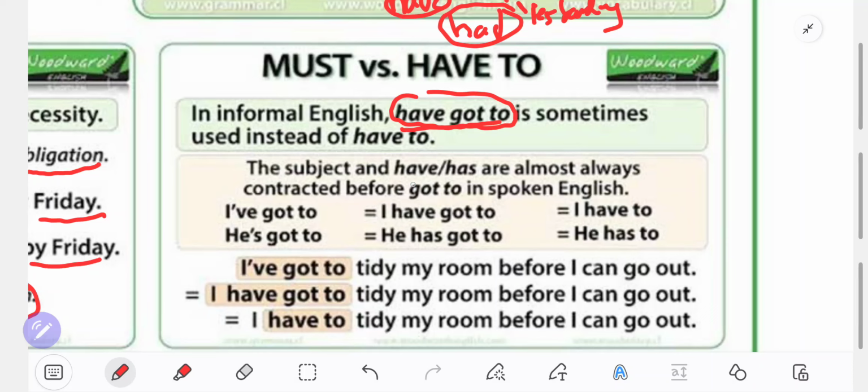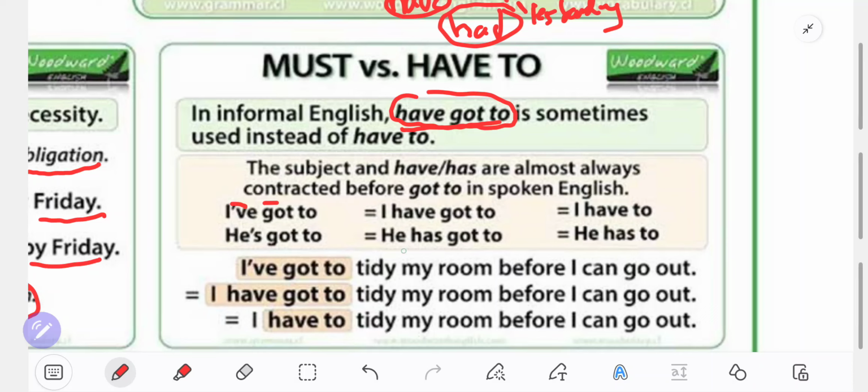The subject and have or has are almost always contracted before got to in spoken English. For example, I've got to. It is the short form of have got. So you can say I've got to.